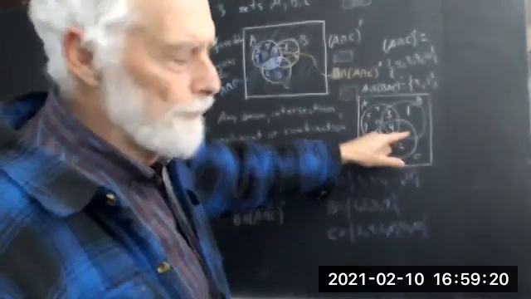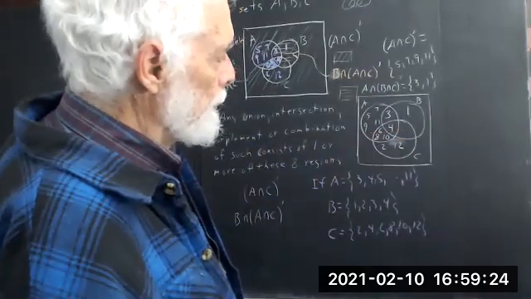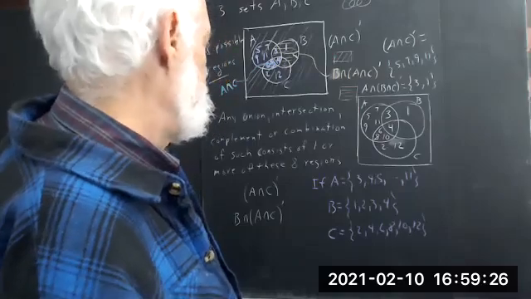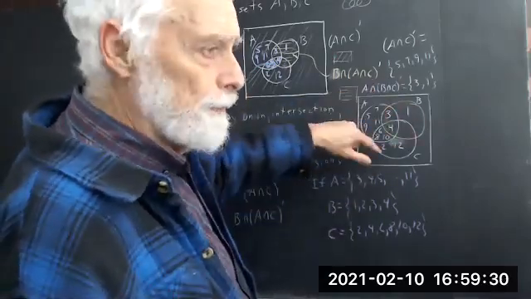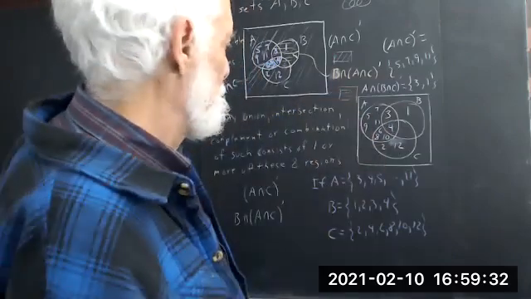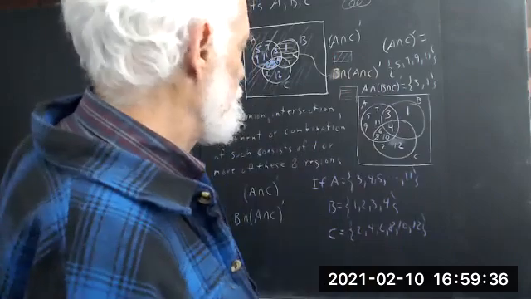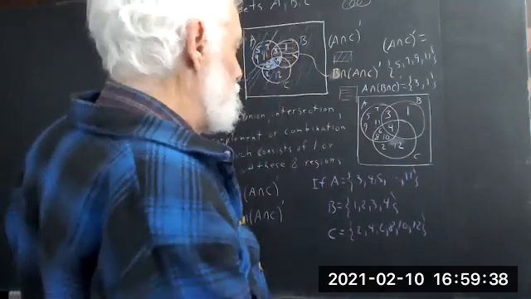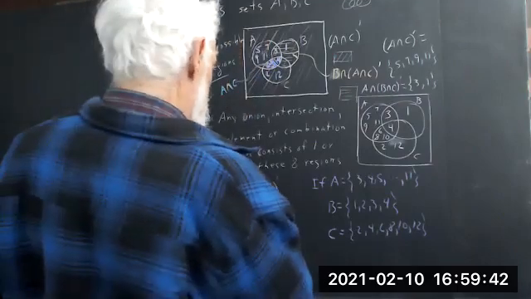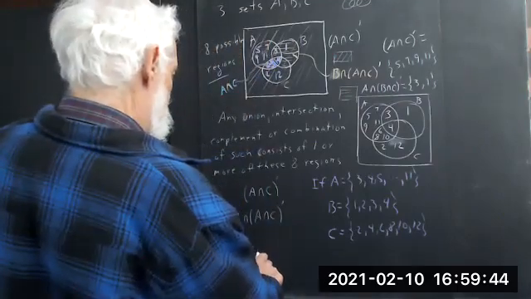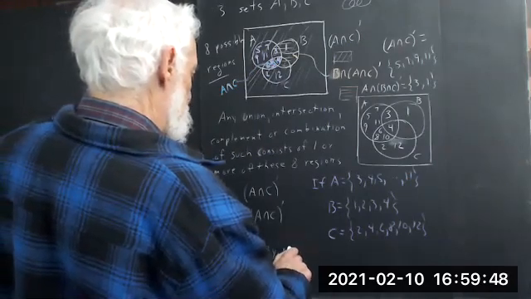And there's no number in here. I wonder what region that is. Okay, well, it's in B, it's in C, it's not in A. So this empty region here, I don't have room to label it, so I'll write it down here. It's not a good place to write it, that's all I've got.